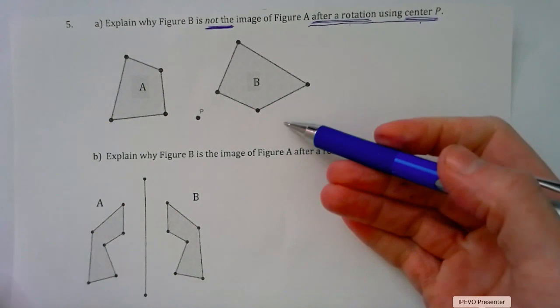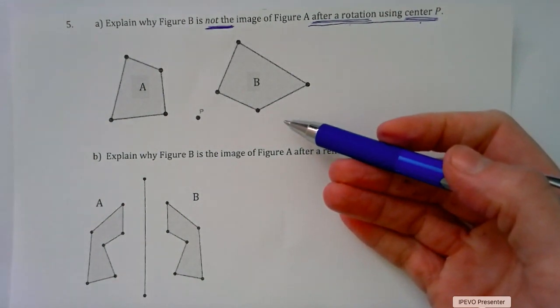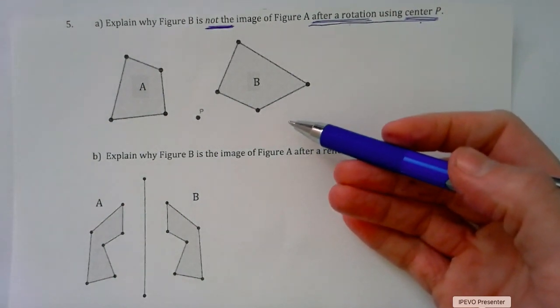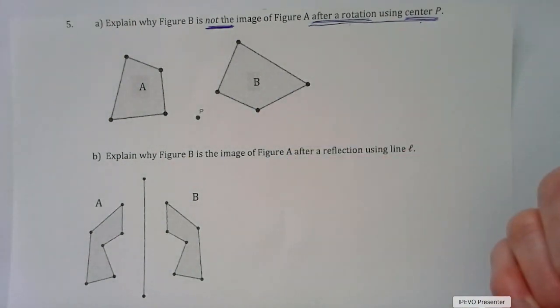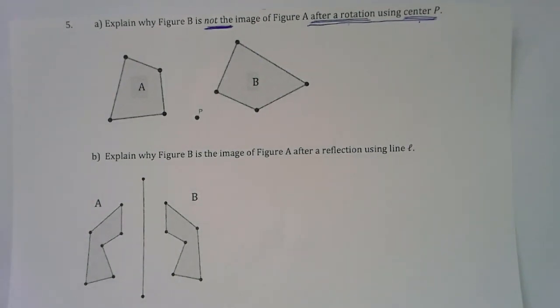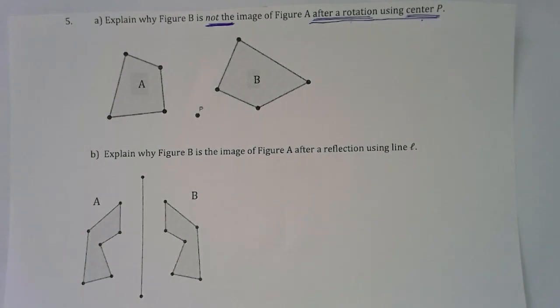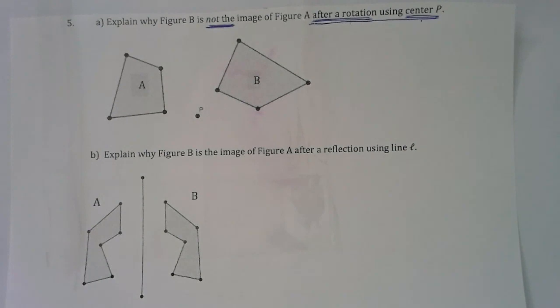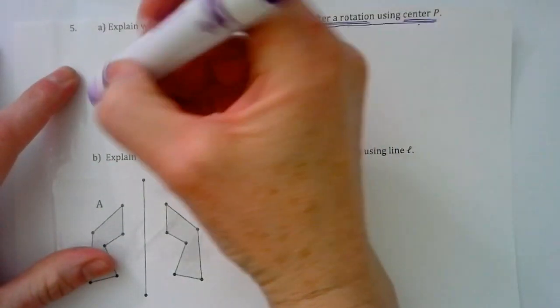If you can't tell by just looking, you need to trace it on tracing paper, line it up, and see what happens. So what you'll find, I use my clear here.